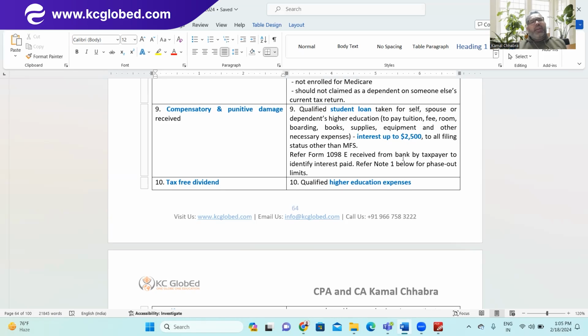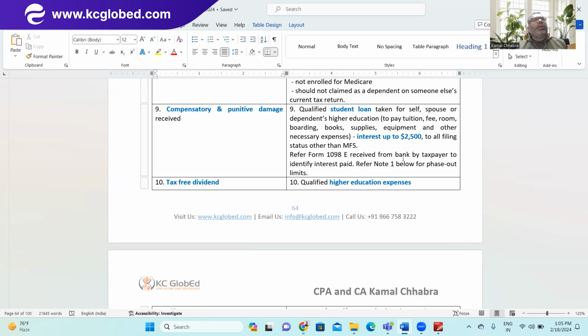So other than married filing separately, all the statuses can claim up to $2,500 per annum for any student loan interest they are paying for the qualified education of himself, herself, spouse, dependents, right? And it includes lodging and boarding as well, right?